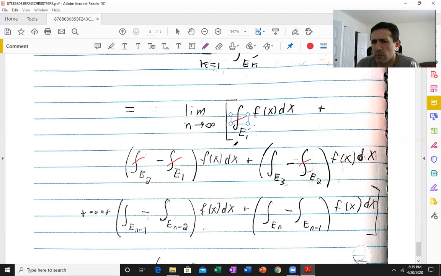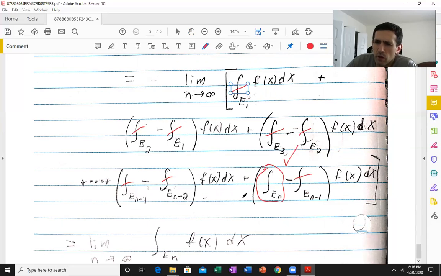If I wrote the next term, the E3s would cancel out, and going back, the En minus 2 terms and the En minus 1 terms cancel out. The En doesn't cancel out. You're ending here, so this is the only thing that survives. You're left with the limit of the integral over En of f of x dx. So that proves it.